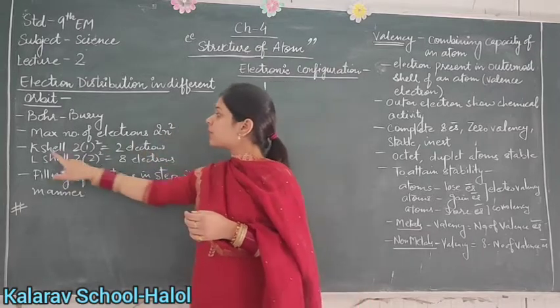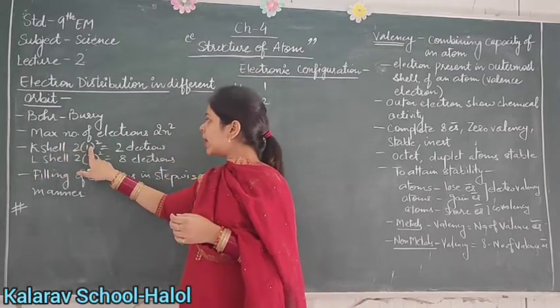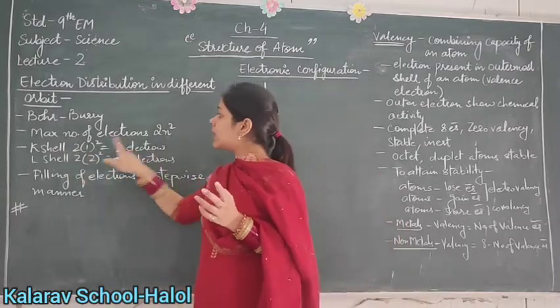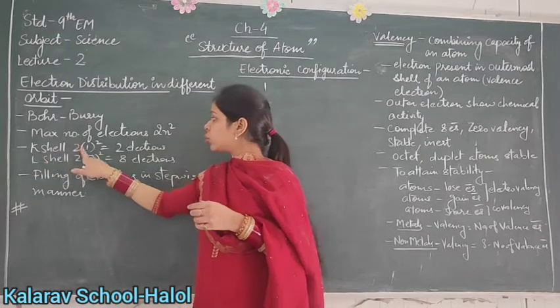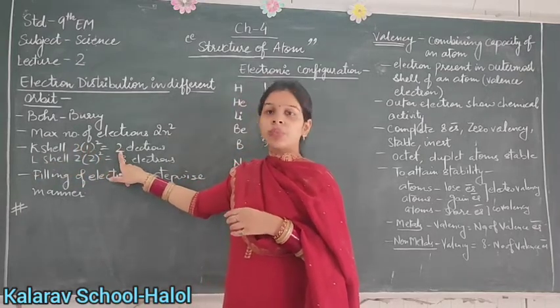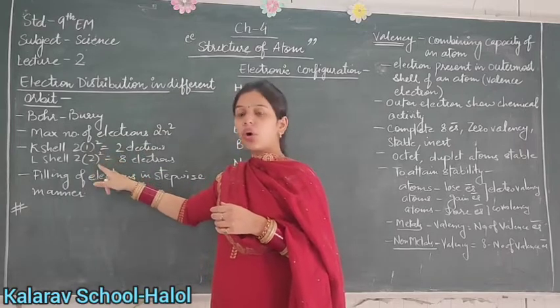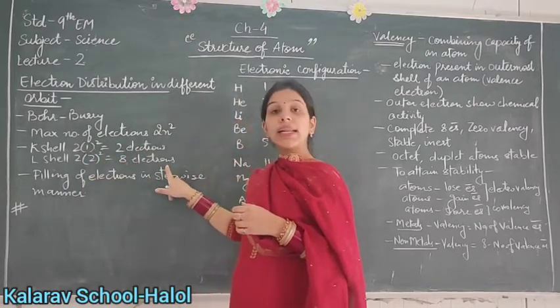For example, for the K shell, n is 1, as I gave you in the Bohr postulate. So 2 into 1 is 2. For the L shell, n is 2, 2 square is 4, 4 twos are 8, that is 8 electrons.